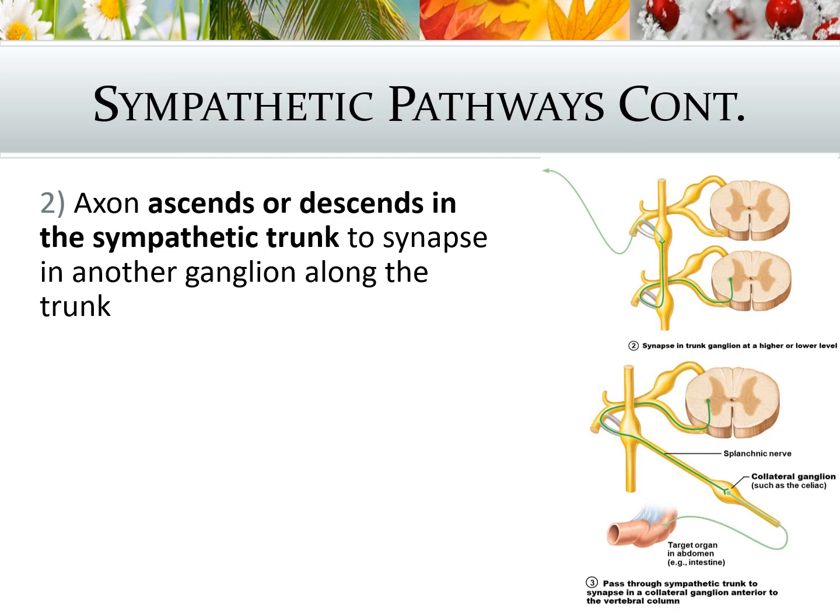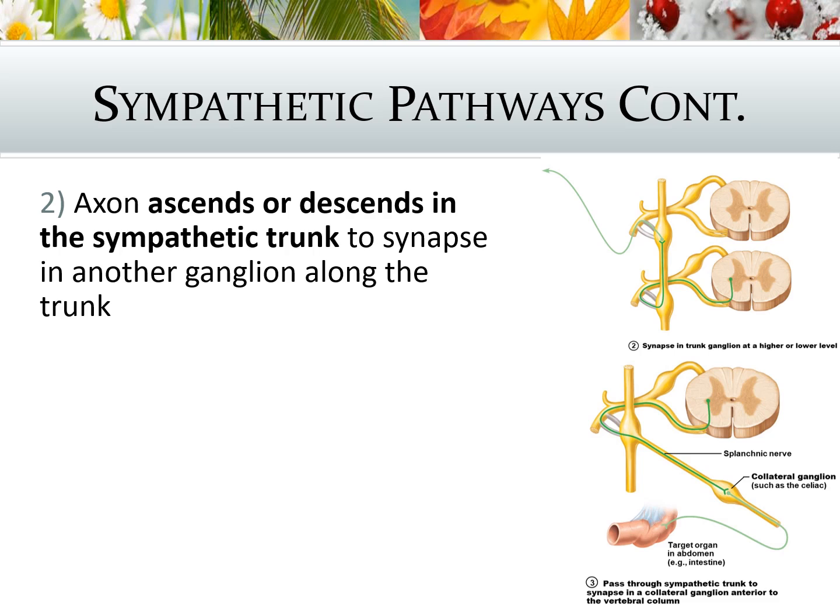So what are those other two options for our preganglionic neuron? The axon can either go up or down in that sympathetic trunk. So it won't synapse on the one that's nearest to where it exits the spinal cord, but it could go up or down and synapse in another ganglion along the trunk.